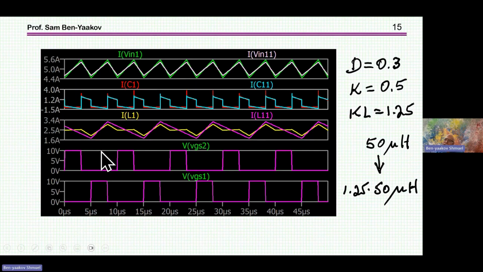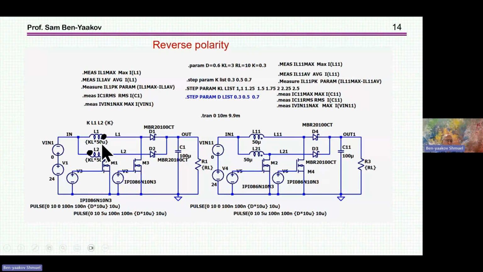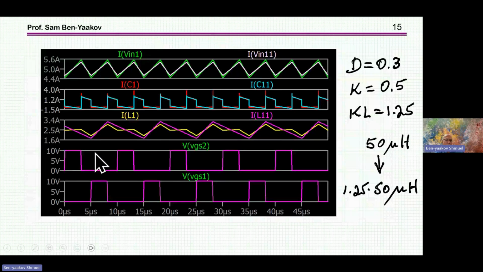What I see here, again, for a duty cycle of 0.3, coupling coefficient of 0.5, is that I need only 1.25 times larger inductance, compared with the case of the same polarity of the dots, okay? In this reverse case, I can get the same performance in terms of the same ripple with a much smaller inductance.